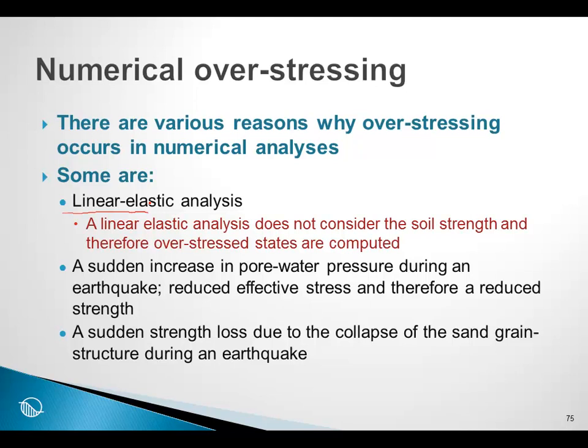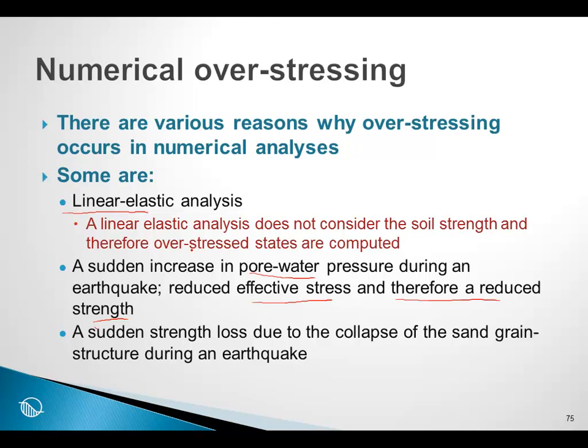There are other reasons why we may experience real overstressing in the field. For example, a sudden increase in pore water pressure due to earthquake shaking. The increase in the pore pressure reduces the effective stress and therefore reduces the strength, and so momentarily we might find that some portions of the embankment, so to speak, are overstressed.